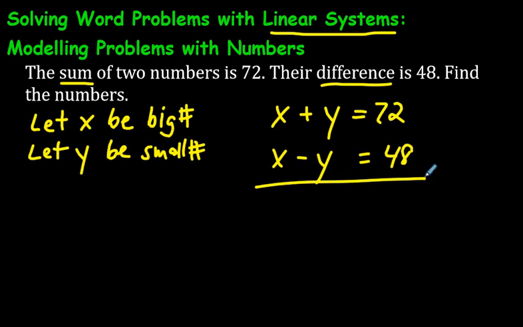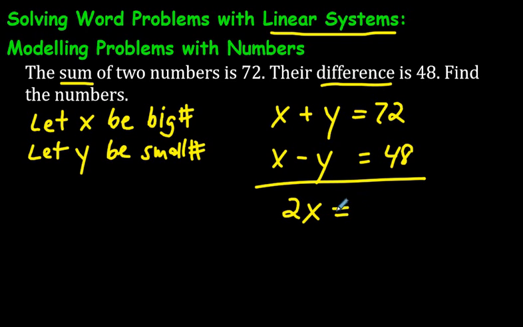Now if we had to choose elimination or substitution here, I would pick elimination because I can see a positive y here and a negative y here. These will eliminate if we add these two equations together. So we'll literally just start adding these all up. x plus x is 2x.